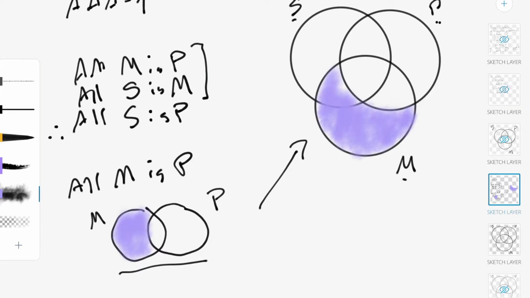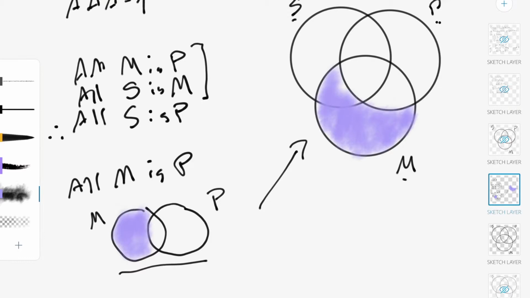So when we're doing shading for two terms, as we did here, we're going to shade the region of M outside of P, but we're going to ignore the S circle. If you do a diagram and you're shading and you end up shading a single region, then the odds are you are including information that isn't in the original proposition.